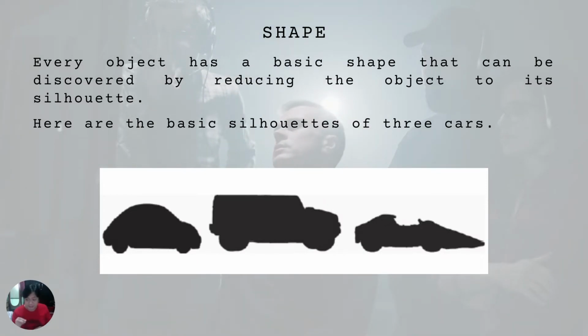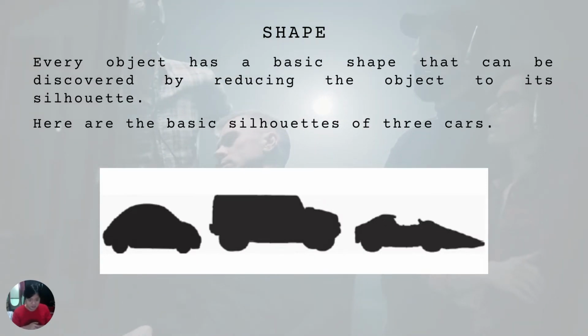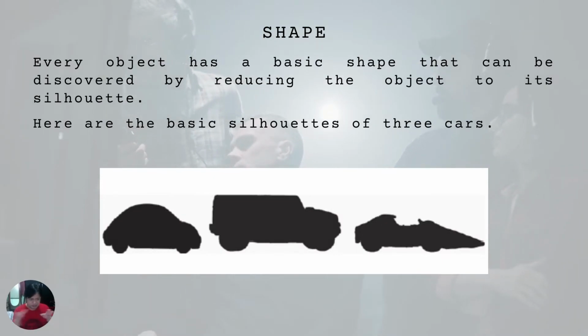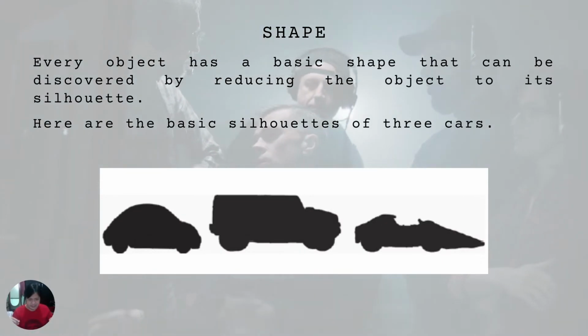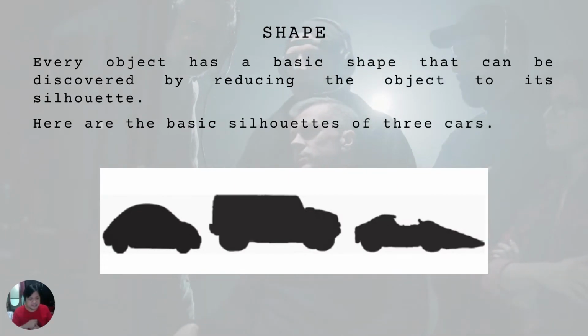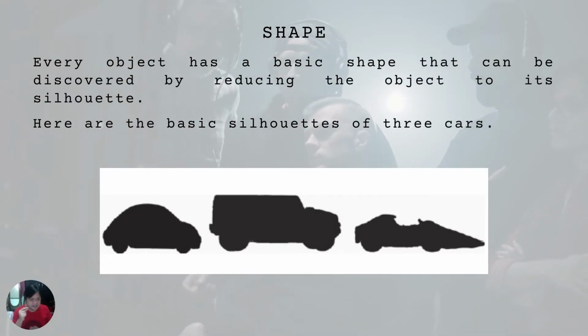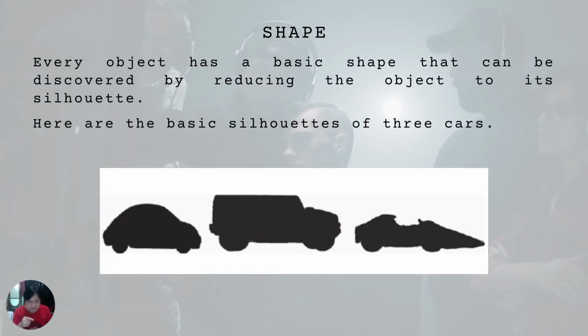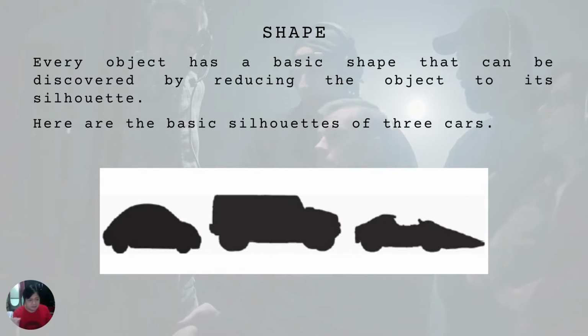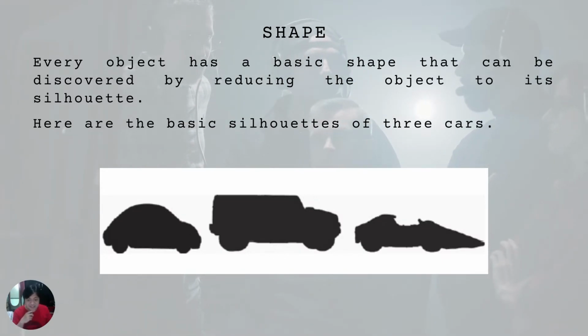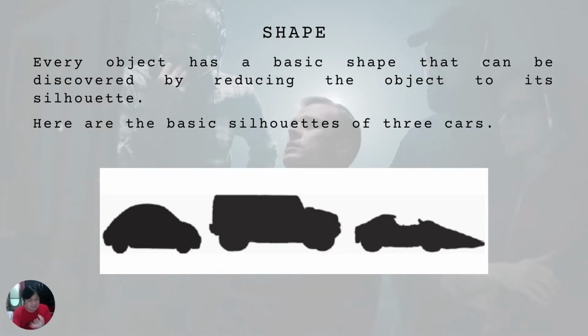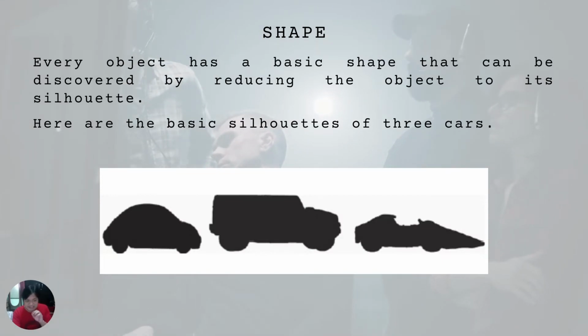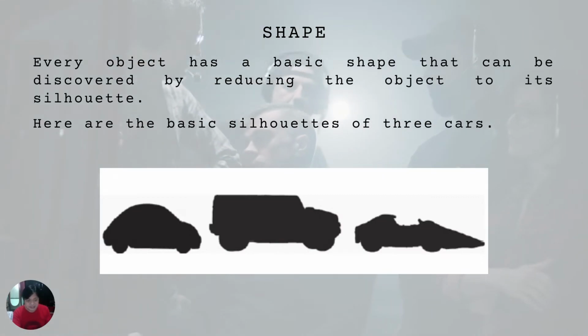So when you look at the three cars and ask which one is faster, automatically, because of its shape, you will say the car on the rightmost side of the image, the race car. Even without seeing it in motion, because of the shape, it can suggest that particular meaning. And it does not only work with cars.